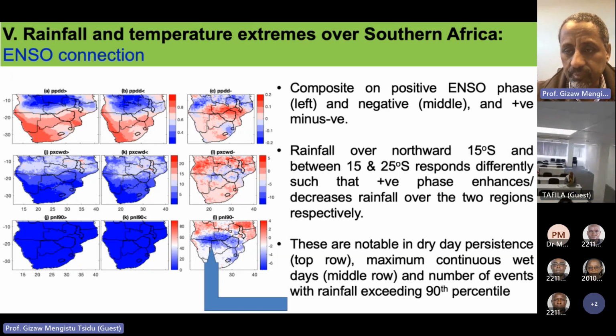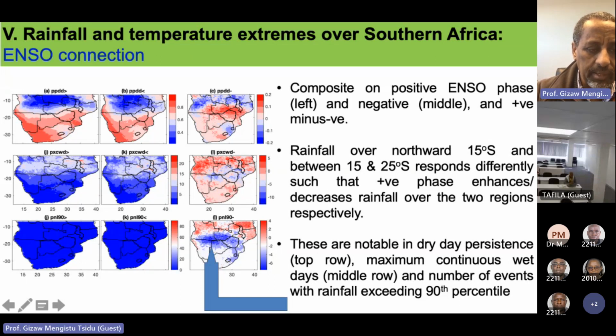On the top panel, the dry day persistence. If you want to see what happens during El Nino, one phase of ENSO, all you need to do is identify those years that have El Nino occurrence and do the composite, or the average, of those years for dry day persistence here, and for continuous wet days also here.